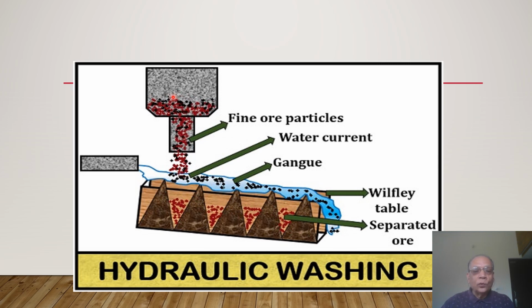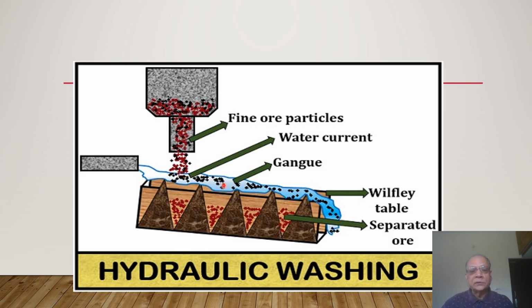We have ore coming from here, the fine ore particles, which contain the gangue particles as well, and a jet of water is shot at it. And you can see the dark colored particles, which are gangue particles, they are being carried away, whereas the heavier particles of ore, the red particles shown here, they get settled in these serrations. And this is how the ore is separated from its gangue particle.